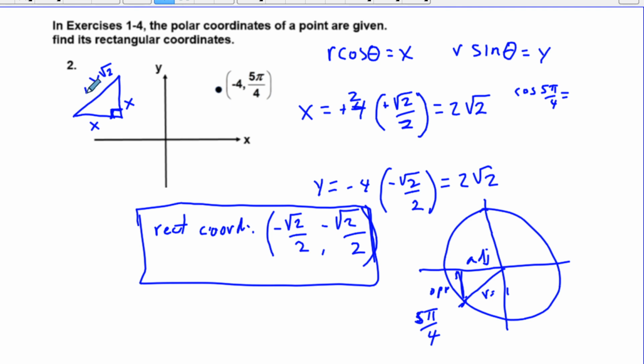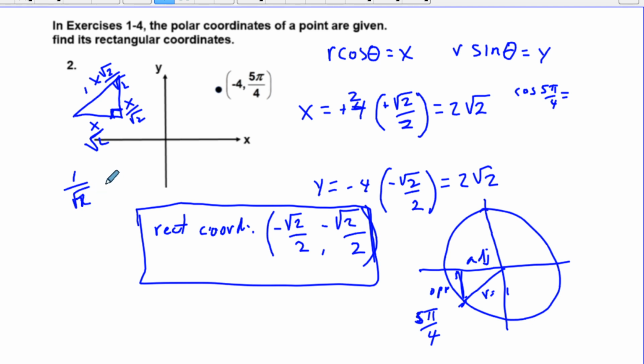And so to find out what x is, you have to divide by square root of 2. If the hypotenuse is 1, then we have 1 over square root of 2.